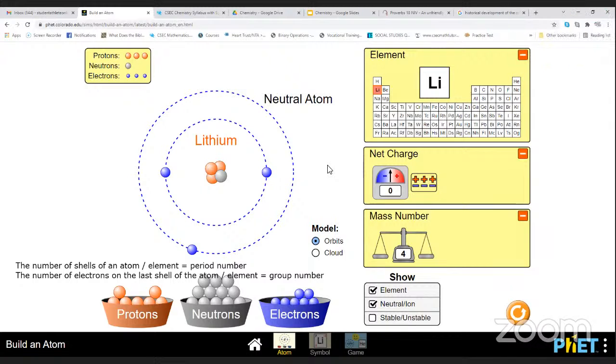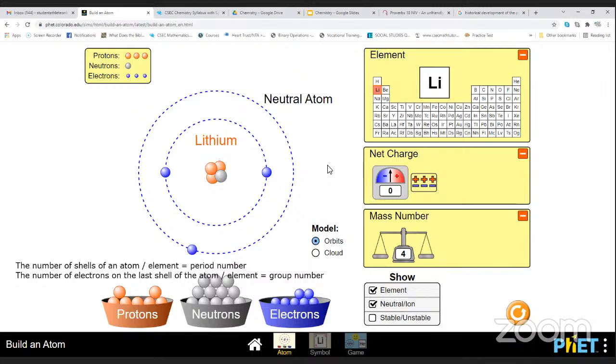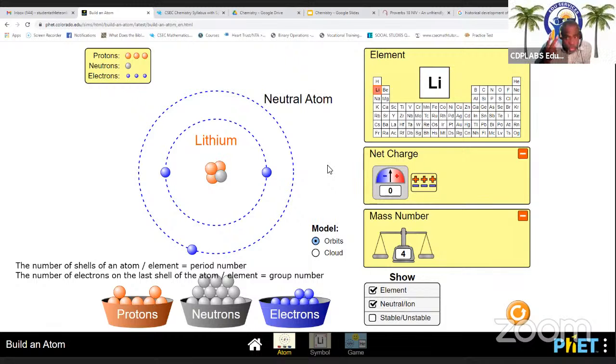The period number will be 2. Exactly. Why did you say 2, Brittany? Because with this one we use up the 2 shells. Good.